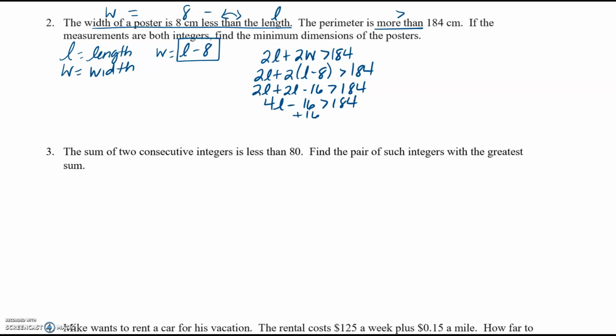I'm going to add 16. And that's going to give me 4L is greater than 200. And 4 does go in evenly to 200. And I get, not equal, but greater than 50. And let me fix my greater than symbol. Okay, so what does it say? Find the minimum dimensions for the poster.